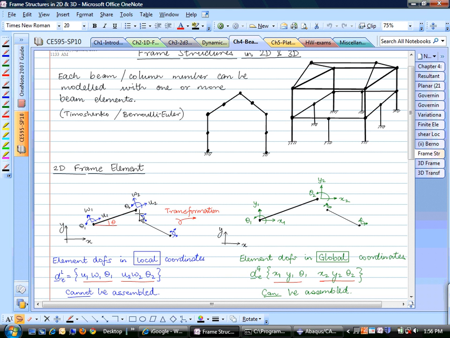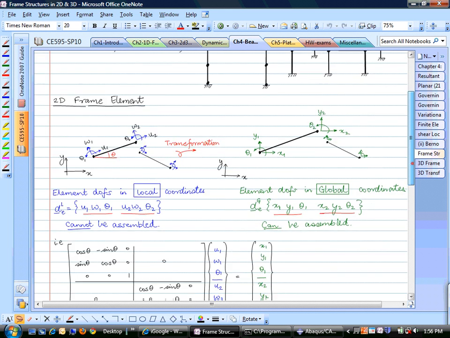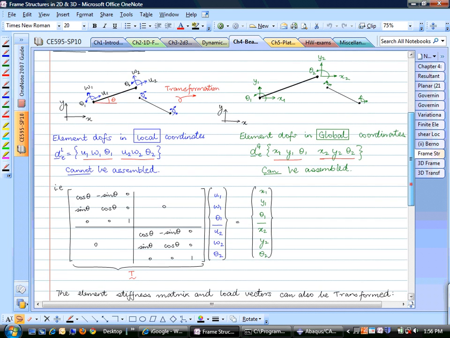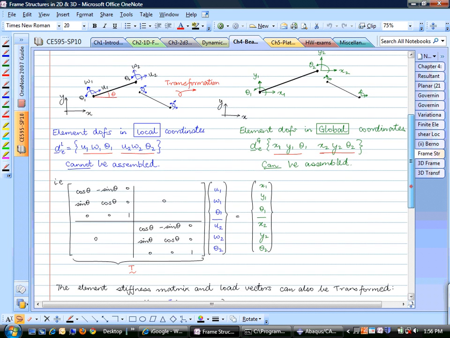In this case, we have a 6 cross 6 element stiffness matrix in the local coordinates. We need to transform that to a 6 cross 6 element stiffness matrix in the global coordinates. And that transformation is the same way that we did for the truss elements.